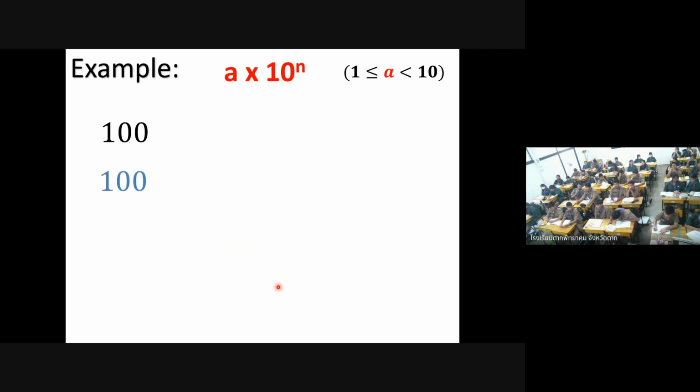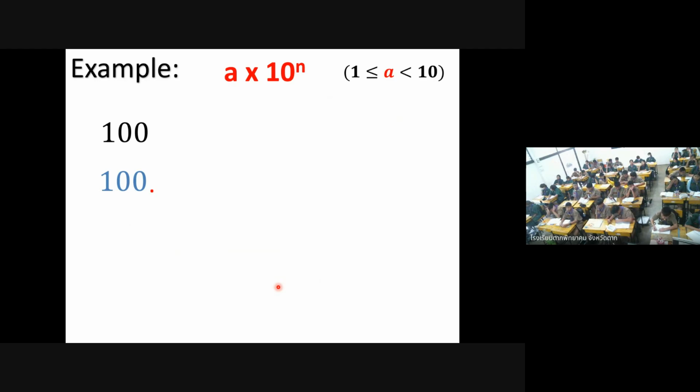Okay, everyone. What is this number? 100. What is 100 in scientific notation? Okay, correct. Again, 100. Where's the decimal point? It's always at the end of the given number. Where should we move the point?